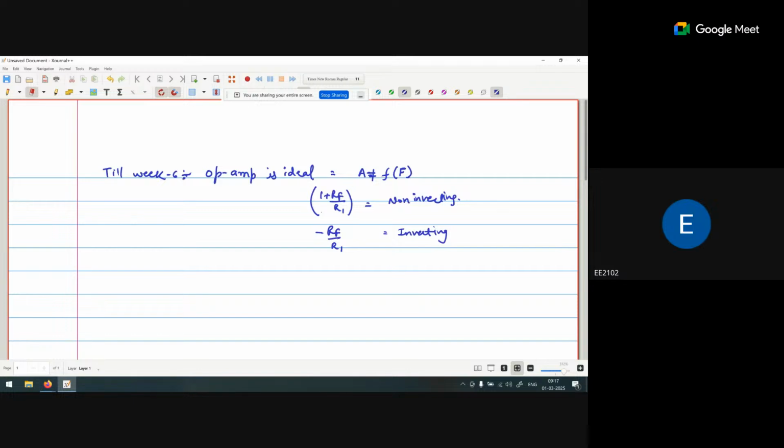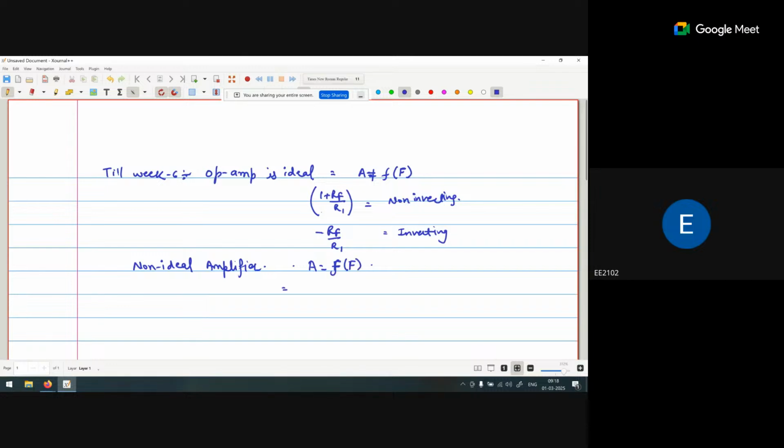So that's why, if we are talking about the ideal, there is no frequency dependence, but if we go with the practical or non-ideal amplifier, the gain is a function of frequency.